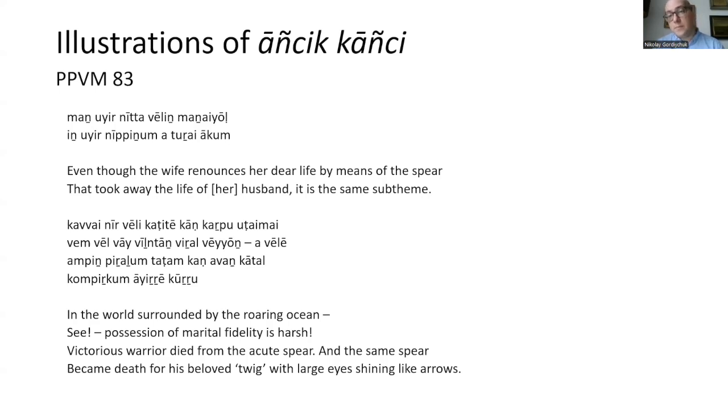It is the same topic. So here we have a description which is more similar to the one of Tolkappiyam. The woman is killing herself on the battlefield with the same weapon that killed her husband. And we have a description of this situation in the poem as well.